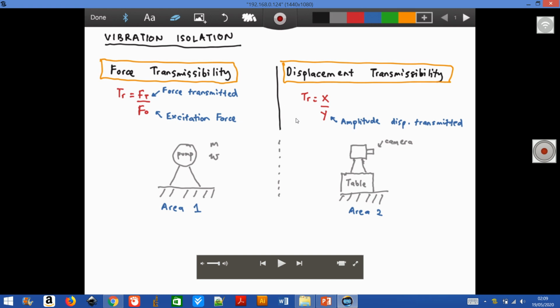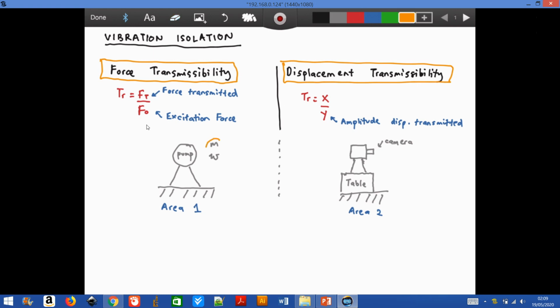So let's consider a case whereby we have two areas located next to each other. On area 1 I have a pump with a mass m and it rotates at a certain angular velocity, which is omega.